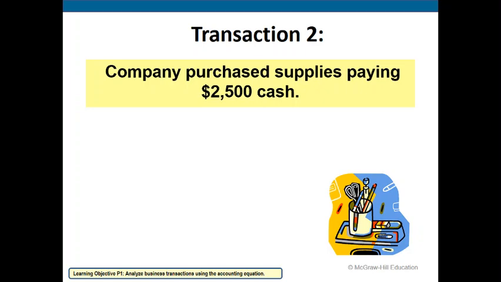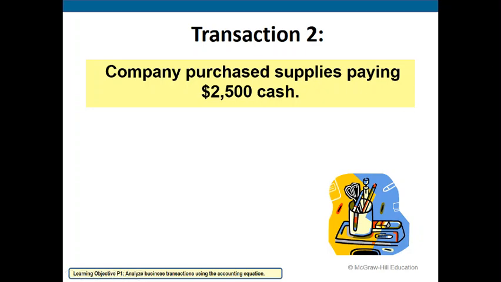Here, you have two accounts, both of which are asset accounts. You're exchanging one asset for another. You're exchanging $2,500 of cash for $2,500 worth of supplies. So you're just simply changing the substance of your assets.